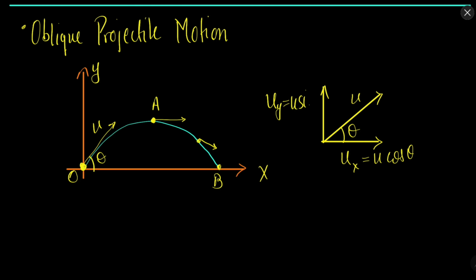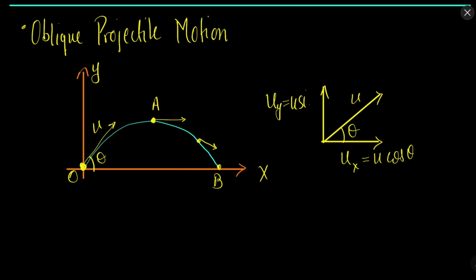So let's write the equations of motion that we will get. Vx equal to ux plus ax t, which will reduce to u cos theta, because ax is 0. Now the second equation, x equal to ux t plus half ax t square, this will reduce to u t cos theta, since ux is u cos theta, into t.